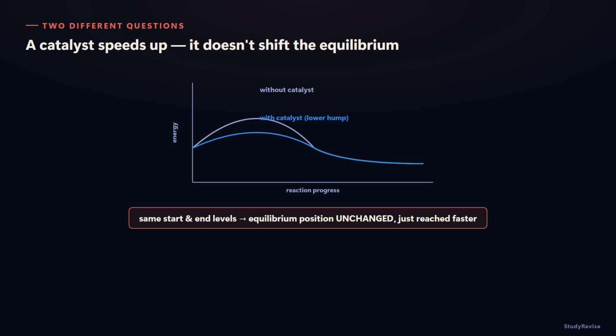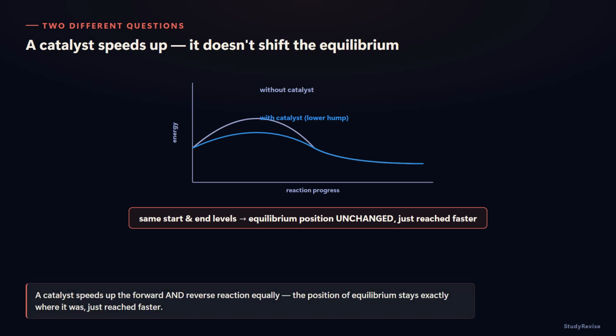A catalyst speeds up the forward and the reverse reaction by exactly the same amount. So the position of equilibrium, the actual ratio of reactants to products once the reaction settles, stays completely unchanged. All a catalyst does is get you to that same equilibrium position faster. Rate and position of equilibrium are answering two completely different questions.